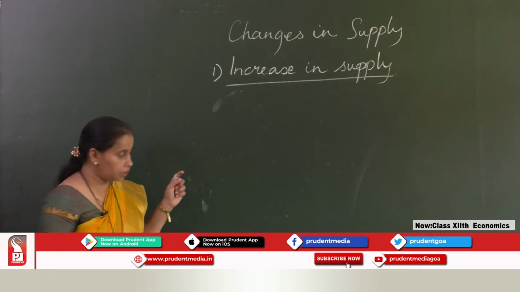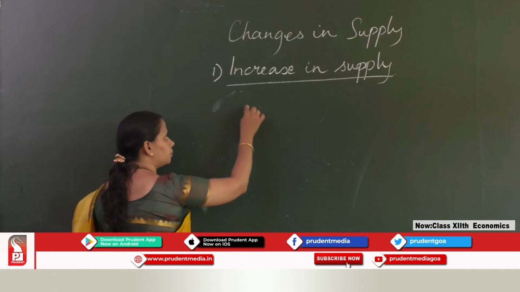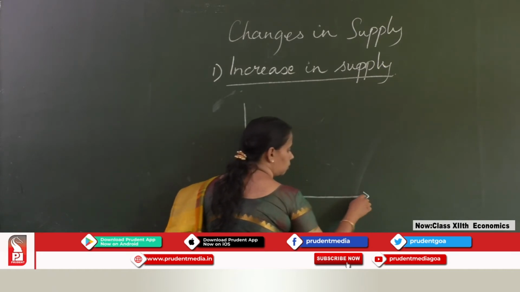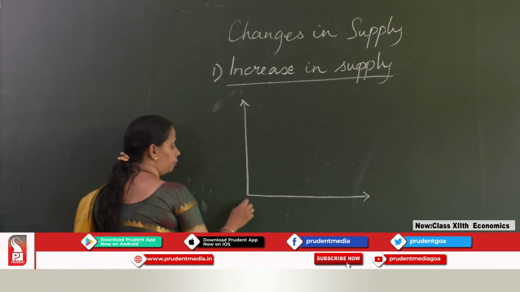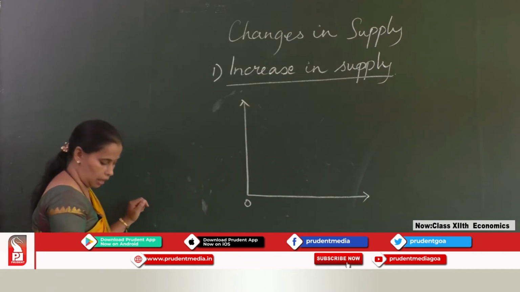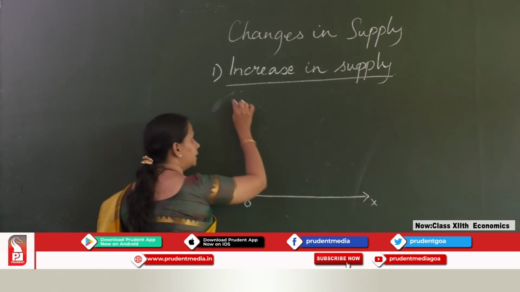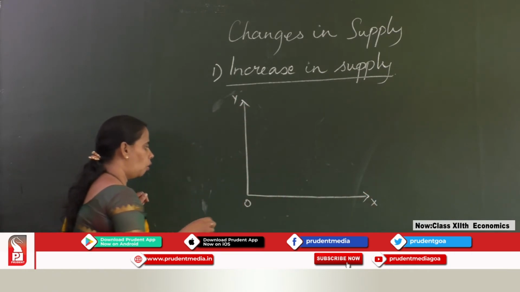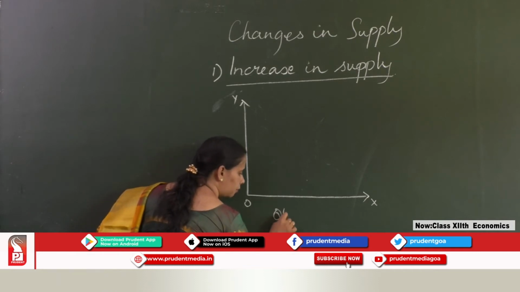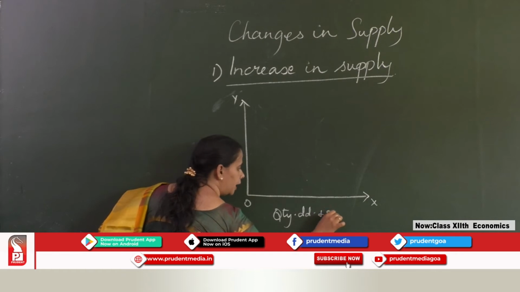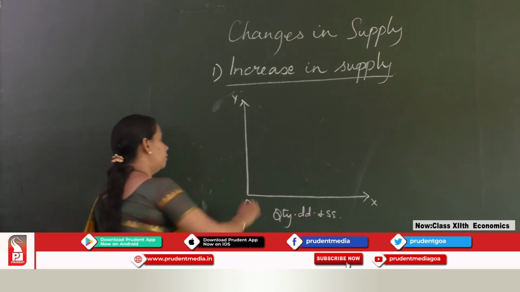Again, we will first draw the original equilibrium which we had drawn in our earlier diagrams. That is, we have the x-axis and the y-axis. On the x-axis, we have the quantity demanded and supplied. On the y-axis, we have the price.